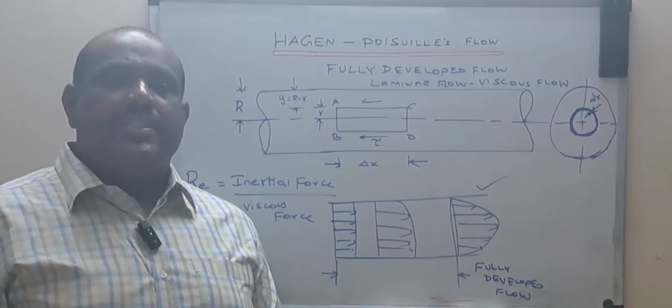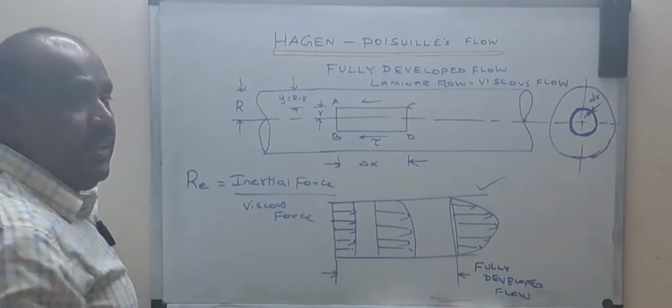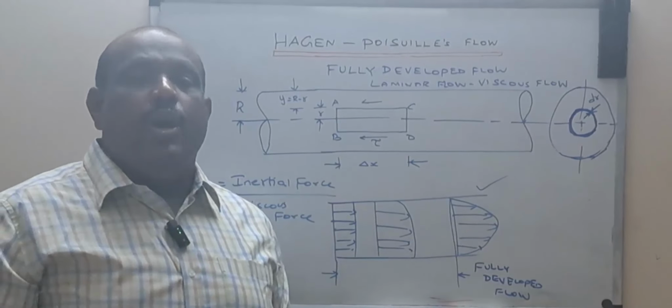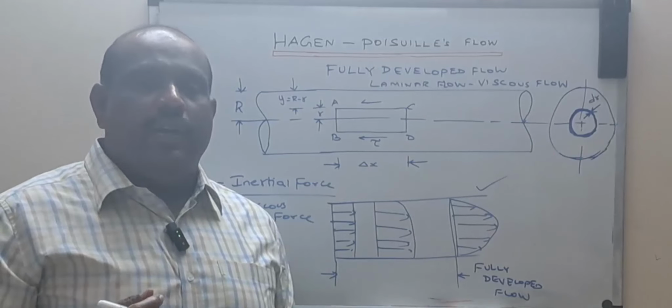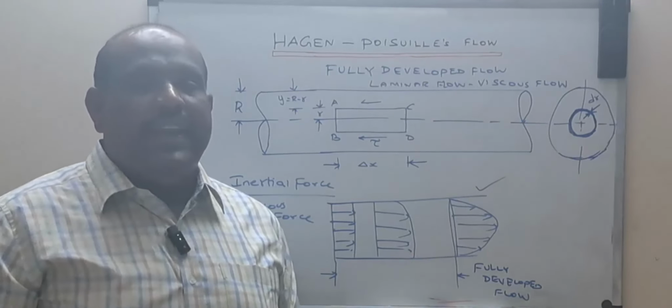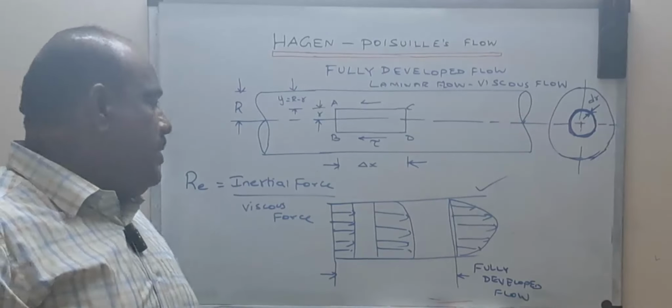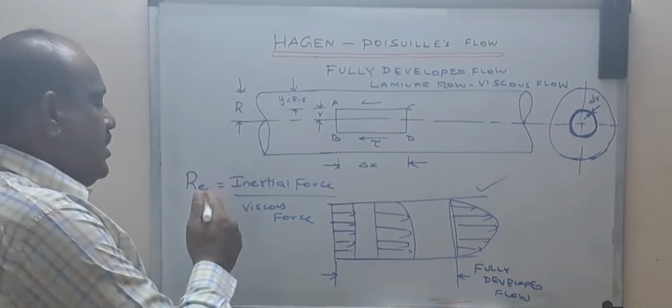When the viscosity effect is very high, we call this viscous flow, which means the effect of mu is more predominant, or we are considering a real fluid where we can't avoid the viscous nature of the fluid. The viscous force dominates the inertial force, which means the denominator is very, very high compared to the numerator. So the value of the Reynolds number will become less.